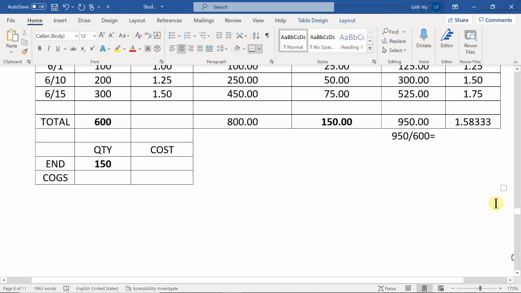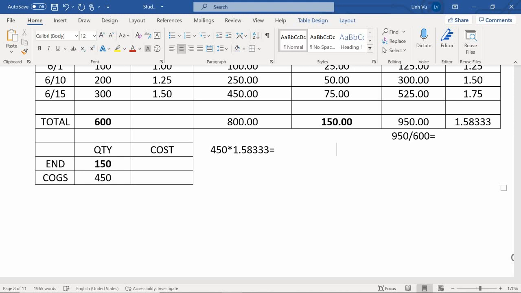Okay. So if I had a total of 600 units and I have 150 left remaining, I must have sold a total of 450 items. So the easiest way to solve for this is my total items sold, which is 450, multiplied by my average cost per item, $1.58333. And what do I get?